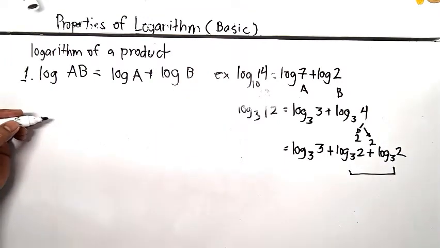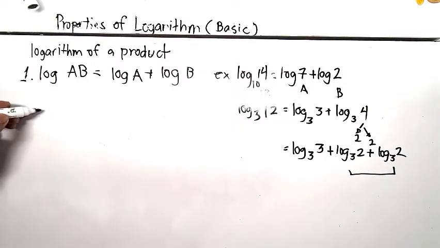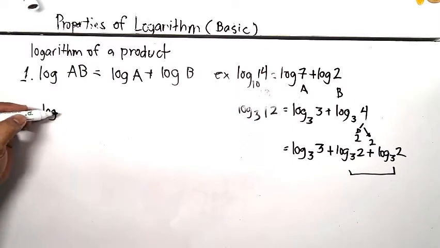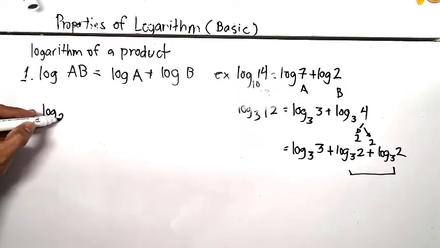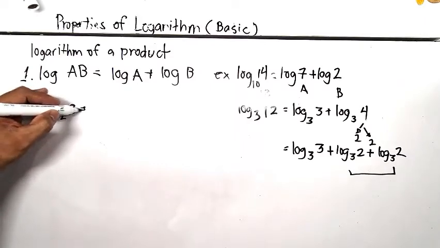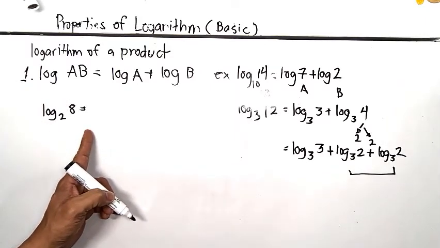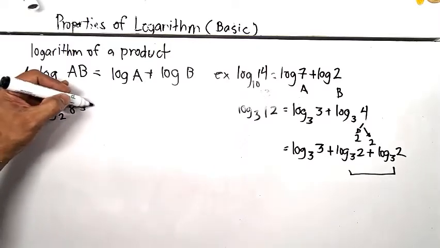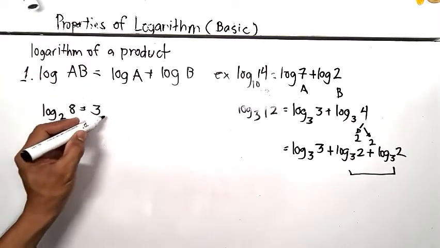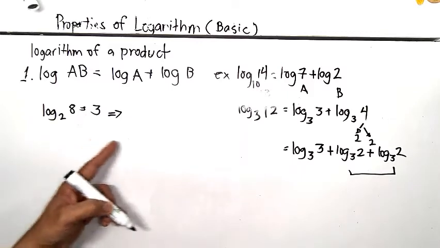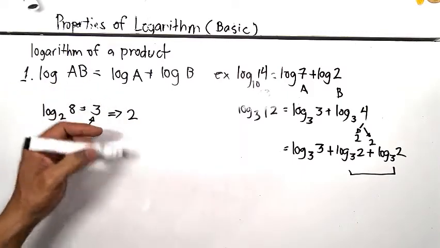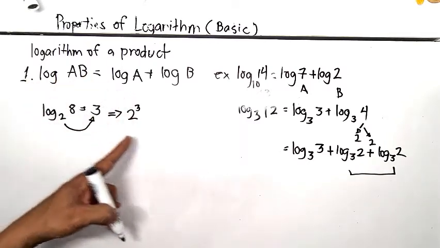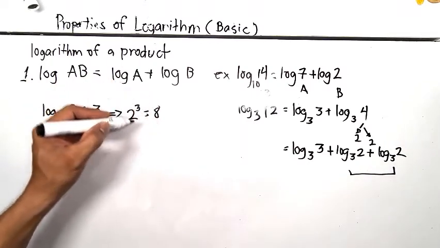Let's try to recall other rules regarding logarithm. Let's say we have logarithm to the base 2 of 8. What should be the answer? The answer for this one is 3, because we can rewrite this as 2 raised to 3 is equal to 8.